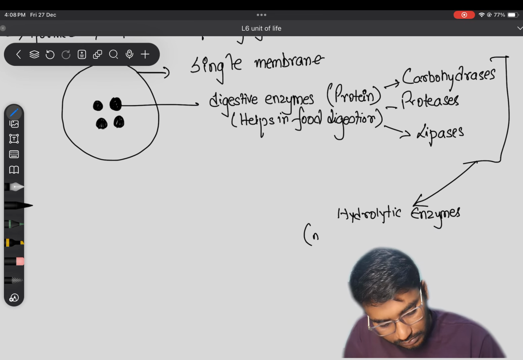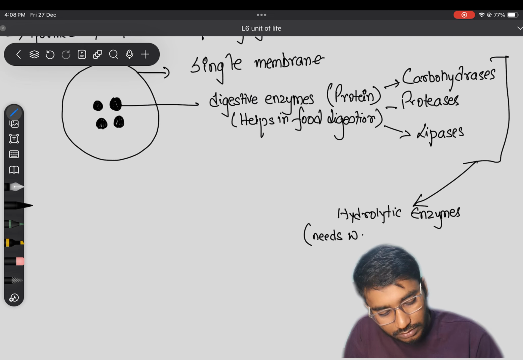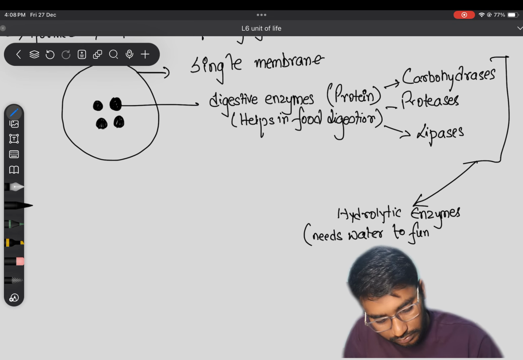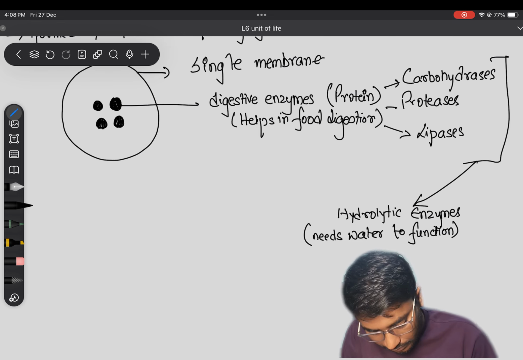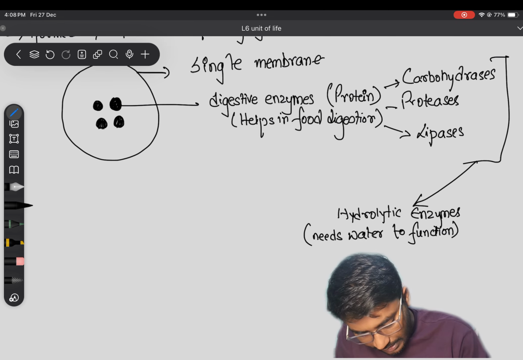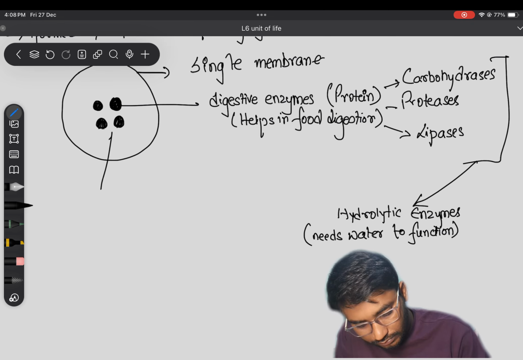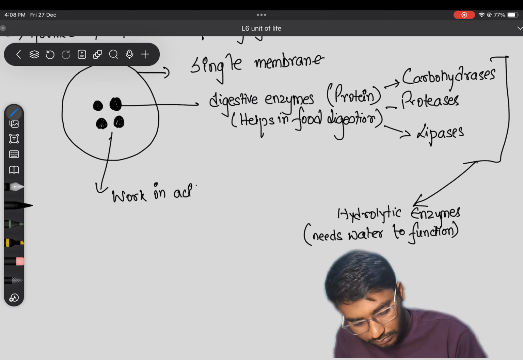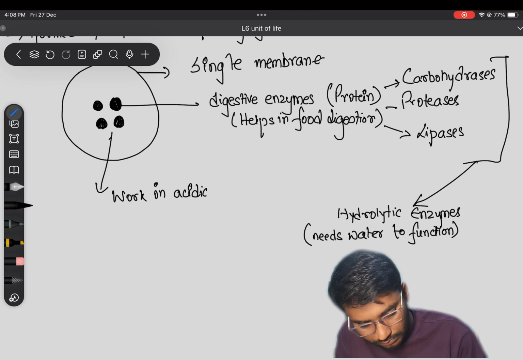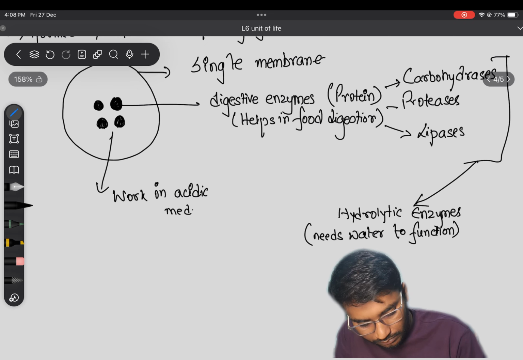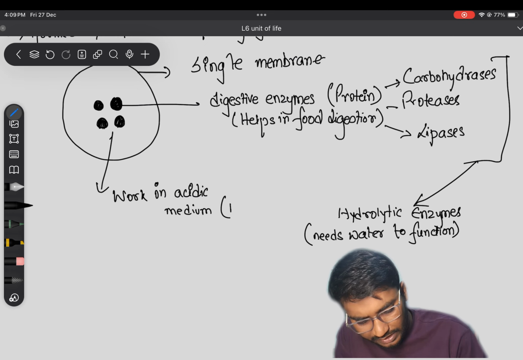Needs water to function. Okay. Work in acidic medium, pH of 5.